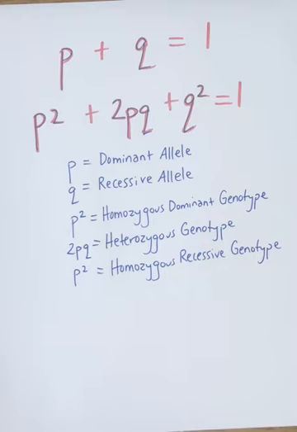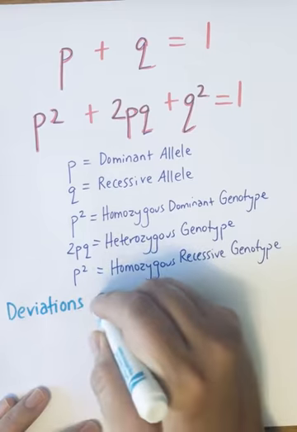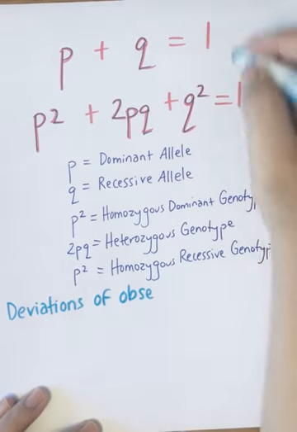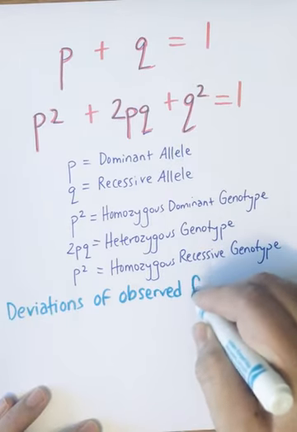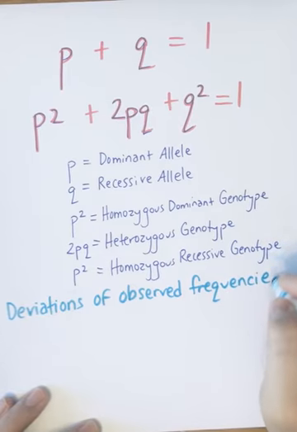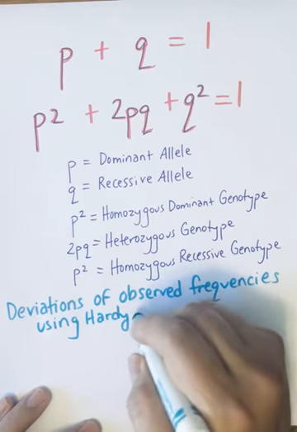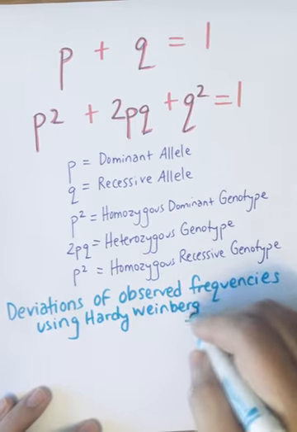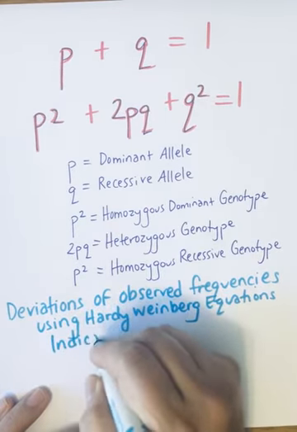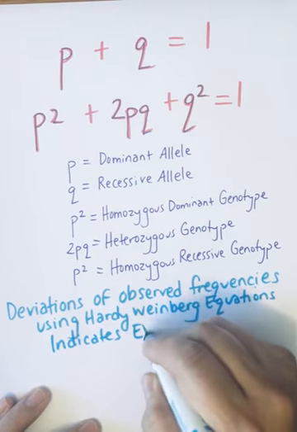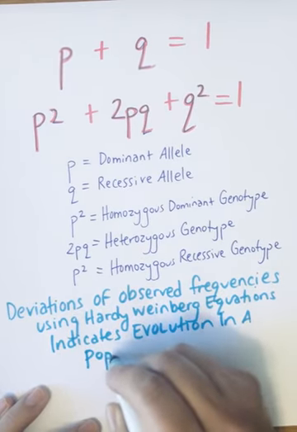So, deviations of observed frequencies, because they should always equal 1, using the Hardy-Weinberg equation, indicates evolution in a population has occurred.